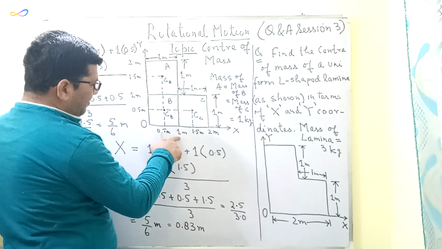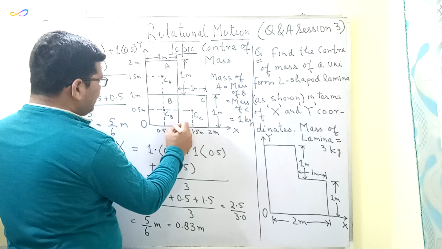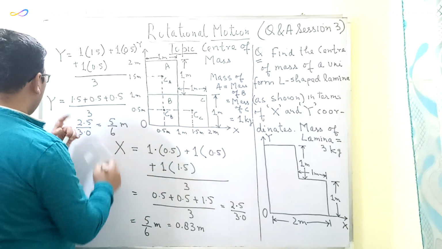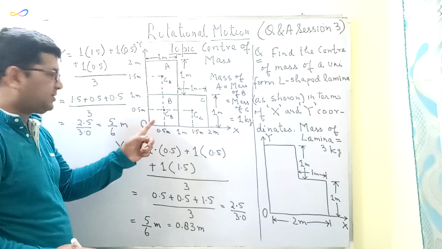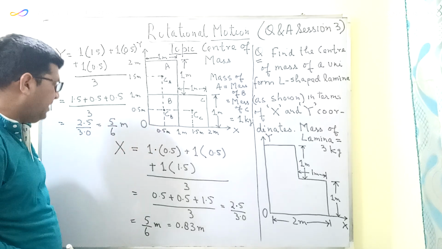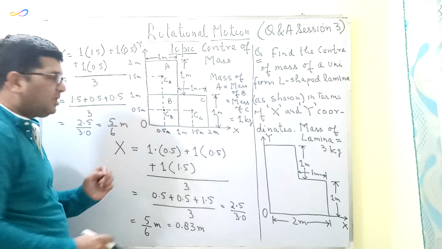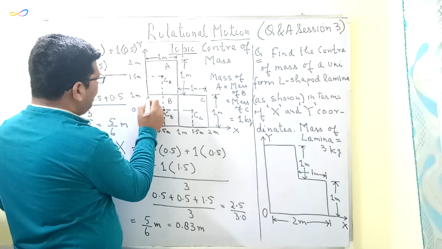So this is 1 meter, and 0.83 will be somewhere approximately here. Similarly, the center of mass along the y-axis is lying at a distance of 5 by 6 meter, which is approximately 0.83 meter along the y-axis.